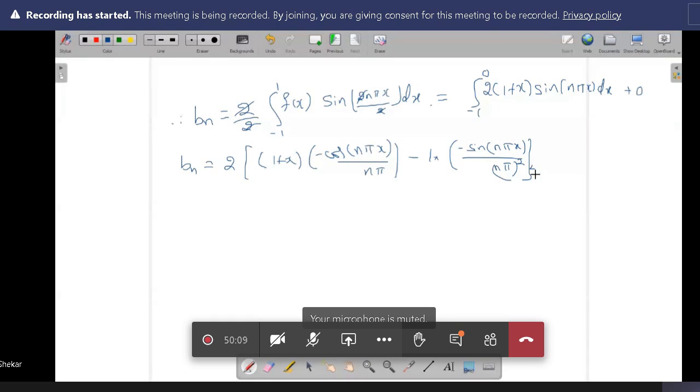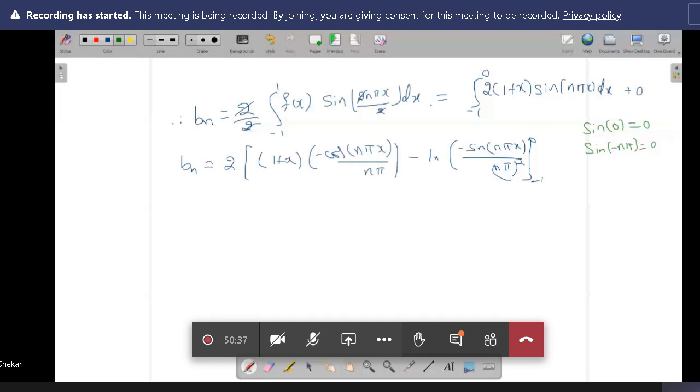So the limit is from minus 1 to 0. Again now we need to check; we can easily compute the upper limit and lower limit. If you see, sine 0 at the upper limit is 0, and at the lower limit sine of minus n pi is again 0.